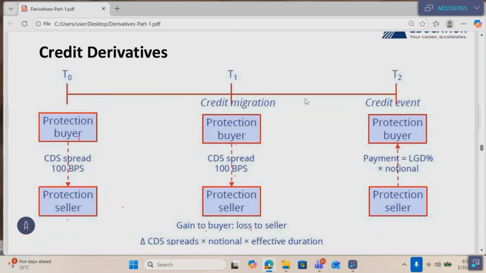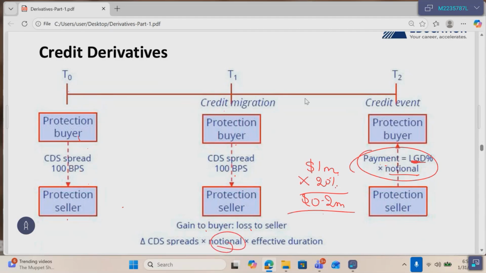When the credit event happens, the buyer will demand the amount of loss he incurred on the notional. So let's say he protected $1 million and he made a loss of 20%. So the seller will pay him $0.2 million. The payment is the loss amount times the notional. This is what the seller will pay the buyer. Is that clear? Remember, there's always a notional amount that they are going to deal with.